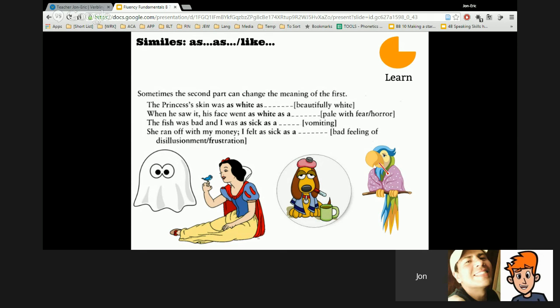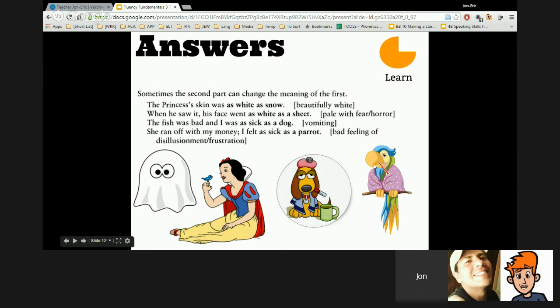So, Ahmed, today we're looking at different kinds of similes. And let's just take a look at the answers to this exercise. A simile is when you make an analogy or a comparison. Like white as snow. That means very, very white.